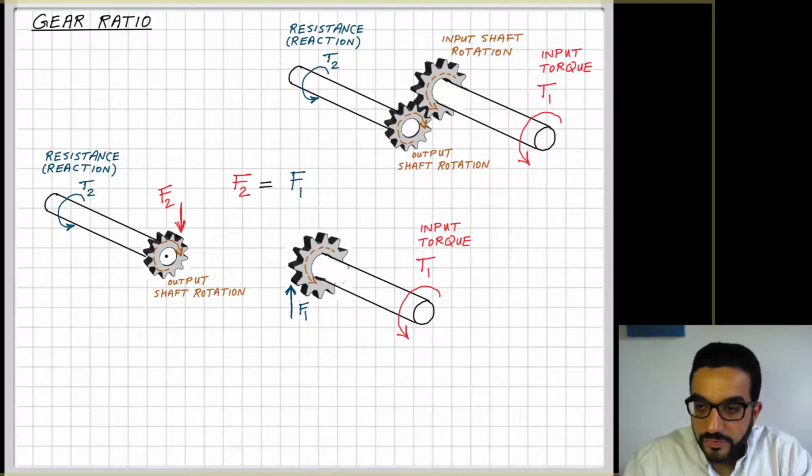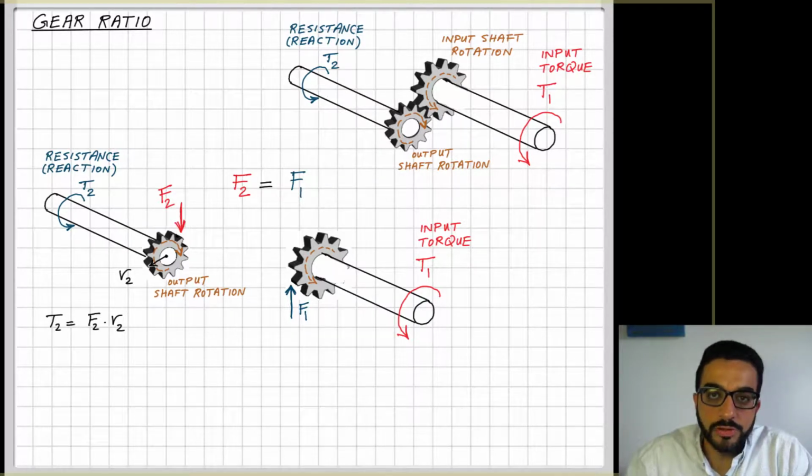Now what's the relationship between each force and the torque? We have seen that in a previous video. A torque is equal to the force times the distance. Torque is a moment, right? Force times distance. If we look at the output shaft and gear, and I call the radius here R2, then T2 is in equilibrium with F2 at distance R2.